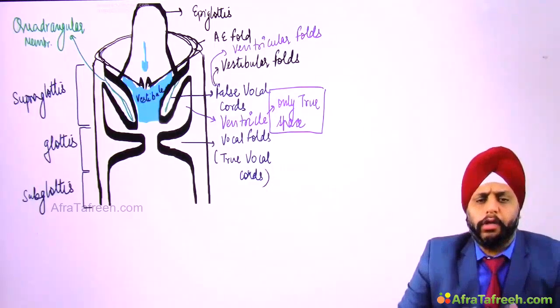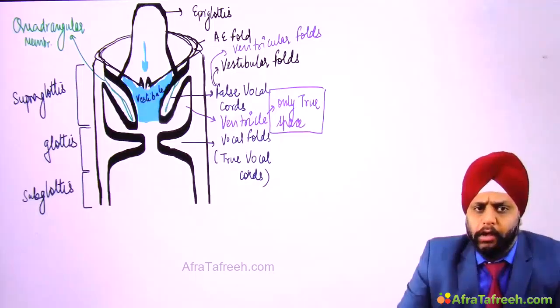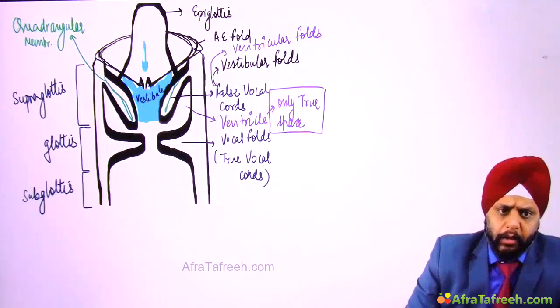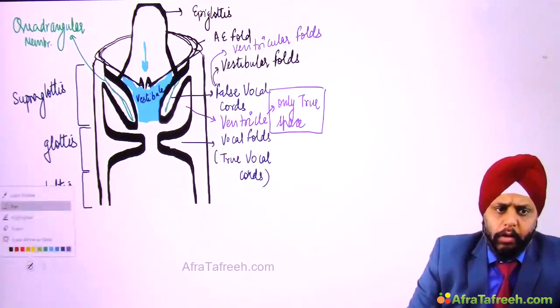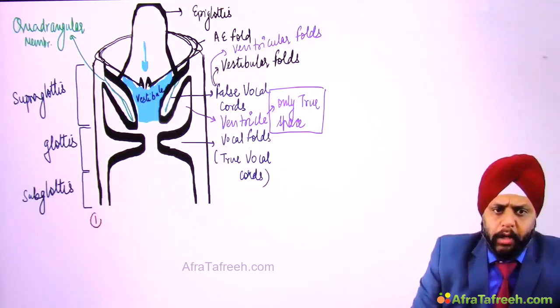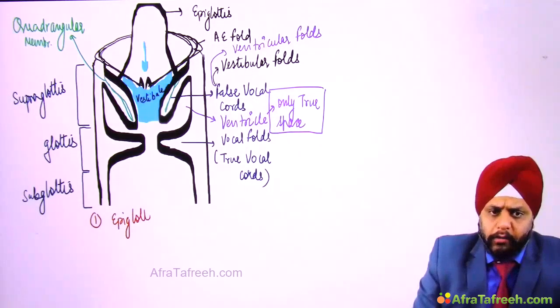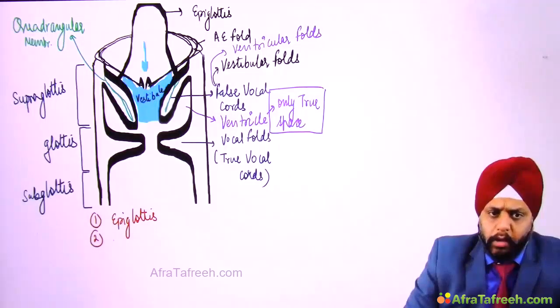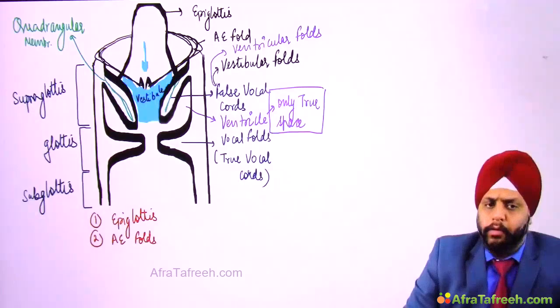Now, what structures have we discussed in the supraglottis? Let's enumerate them. Number one, we have the epiglottis. Number two, we have the AE folds on the two sides.